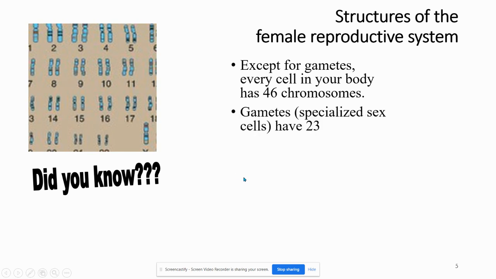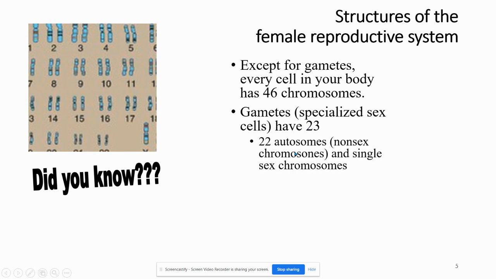However, gametes, which are your eggs or your sperm, depending on if you are a female or a male, respectively, have 23. Just so you know, of the 23 pairs, 22 are called autosomal, and then you have one pair of sex chromosomes. In a female, it's XX, and in a male, it's XY.